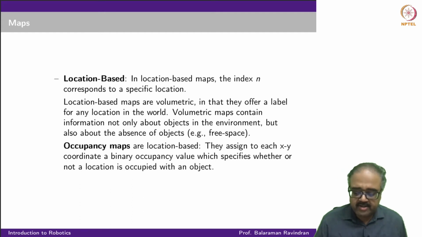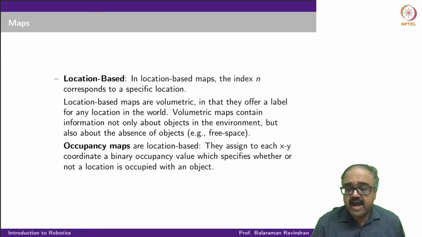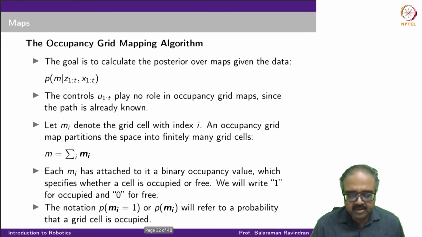So we make grid lines, as you'll see later in one of the slides. For each cell in the grid, we assign an occupancy value, as opposed to assigning it for each xy coordinate, because if we are operating in a continuous space, that is not really a practical approach. So we discretize the state space and make it into a grid, and that is why occupancy maps are also called occupancy grids.